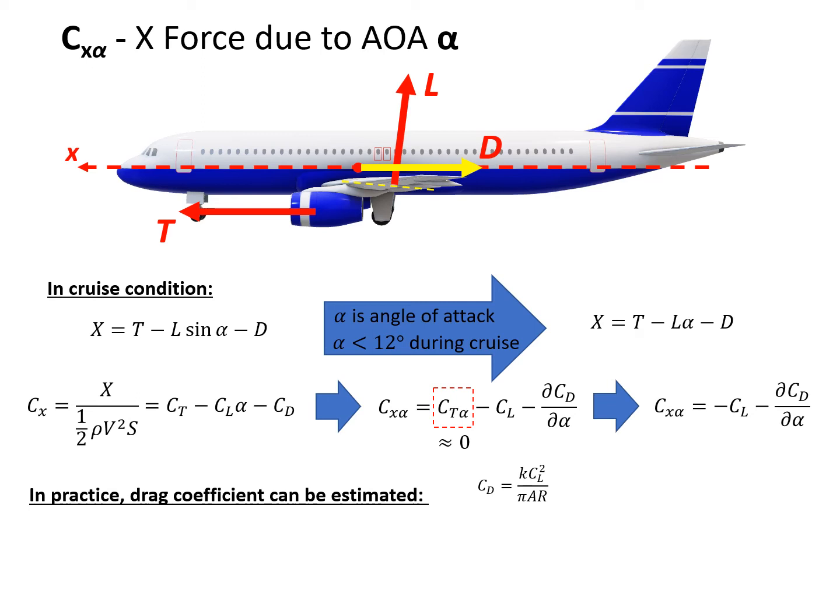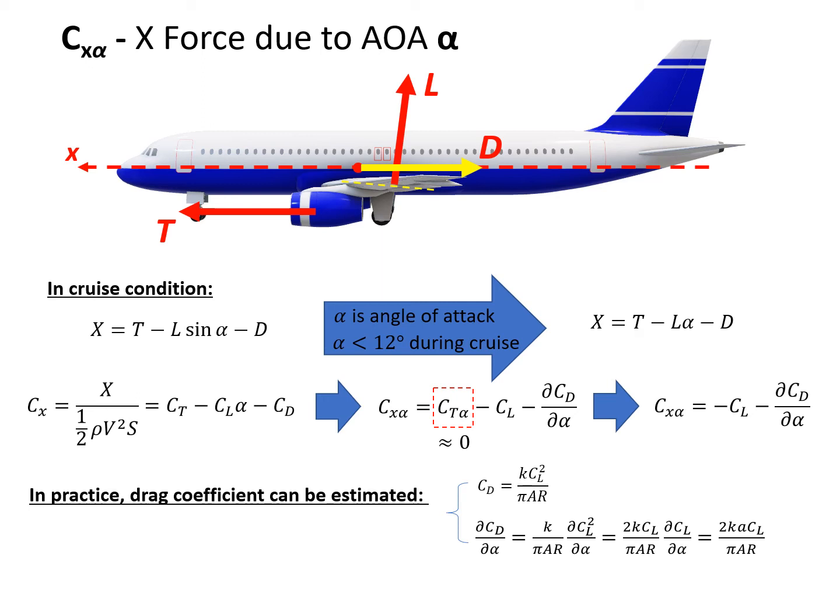It's probably data regression from some wind tunnel measurement, linking Cd with alpha, and K is a constant. Then partial Cd partial alpha becomes K divided by pi AR times the derivative, and we just do the derivation. I'm not reading it out.